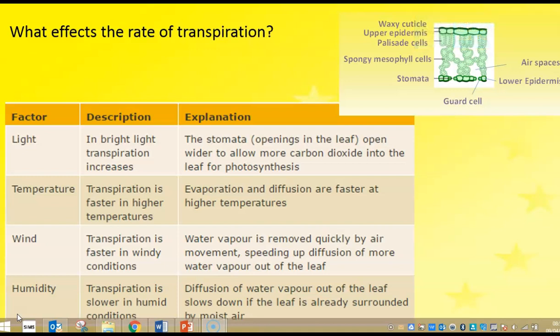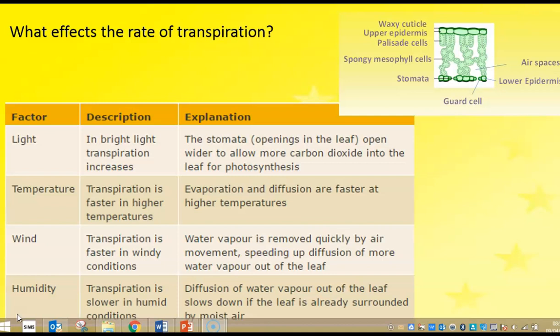When it's windy, what happens there is the water vapour that has evaporated and just passed out of the leaf through the stomata is blown away by the wind. And so therefore we now have a region just outside the stomata where there's no water vapour at all. We've got water vapour inside the leaf in those air spaces, and so we have a concentration gradient.